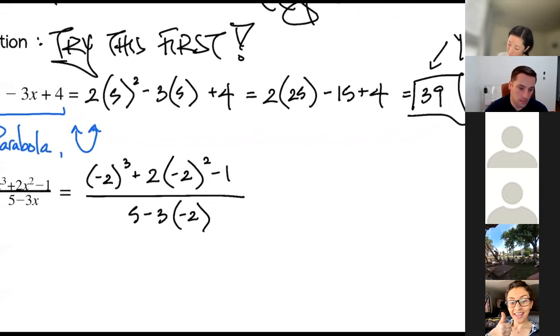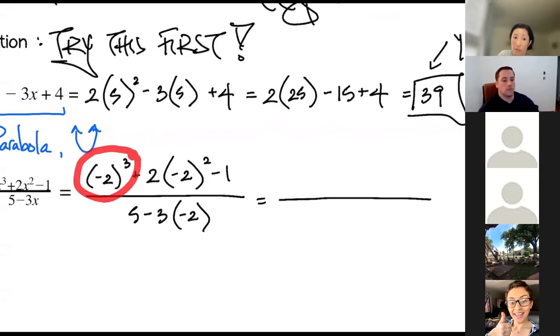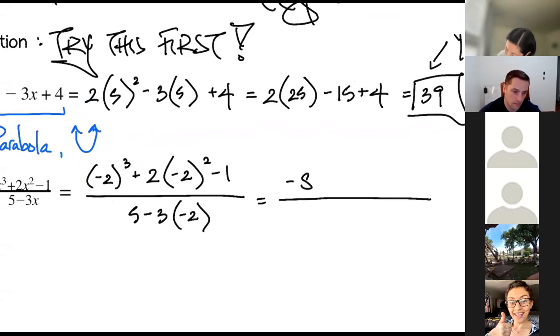Okay. And so let's see, -2 cubed. I'll tell you what it's not. It's not -6. It's -8. It is -8. I know -6 could happen this early in the morning. I get it. All right, so we've got a -8 here. What about this middle term? What does that simplify to?